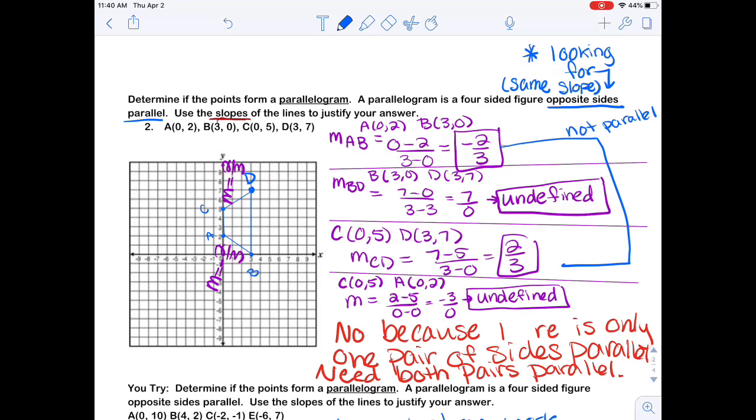The slope for BD was undefined. The slope of AC was also undefined. If you look, it's a vertical line, so we could have just looked at it and said it was undefined. Since those are the exact same slope, these two are parallel.